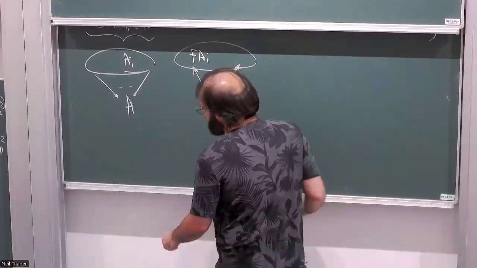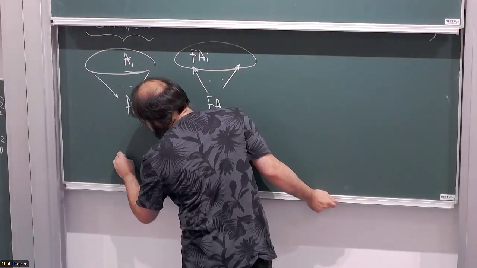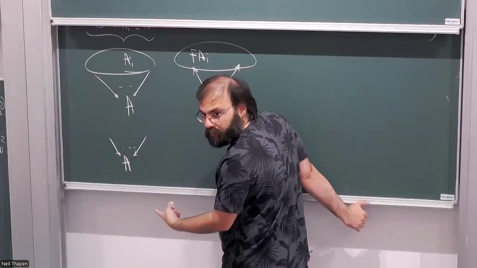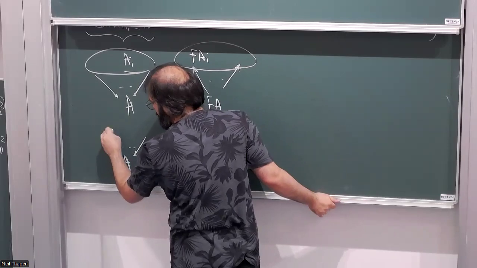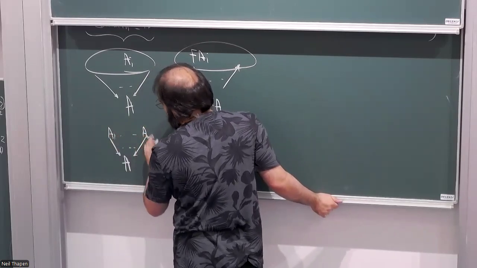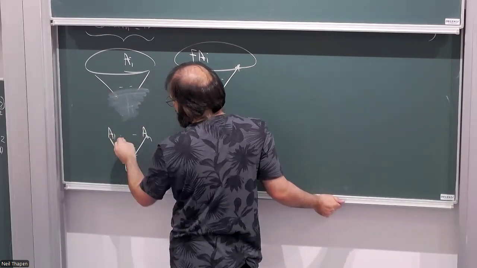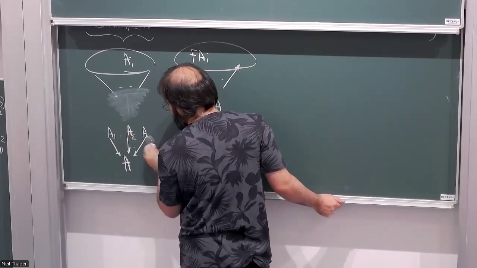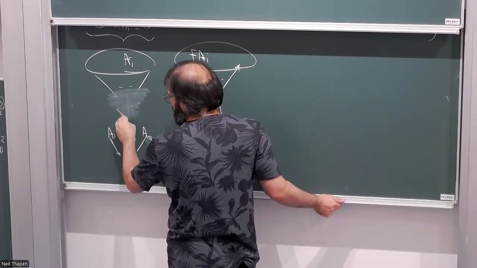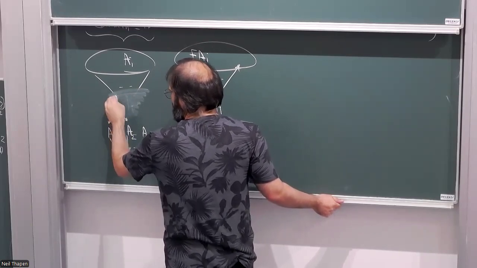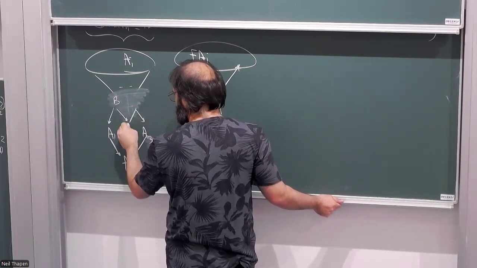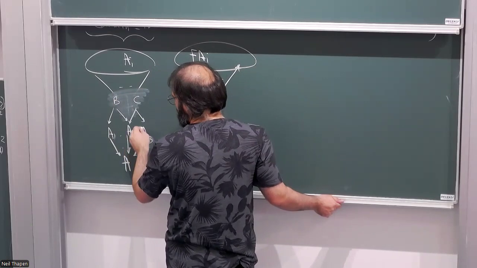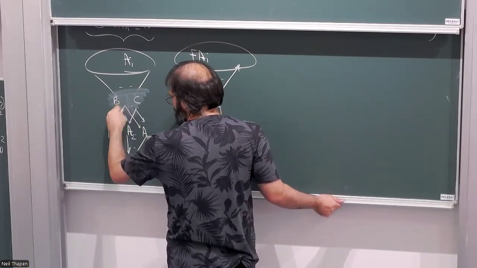Why? Because let's say that I have some cover. A cover is something like this, right? But I also need, let's say I have 1, 2, 3, and then I have all the possible cones here, and between these two, so all of them.